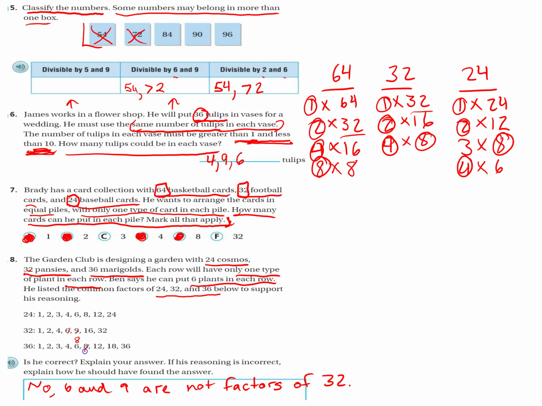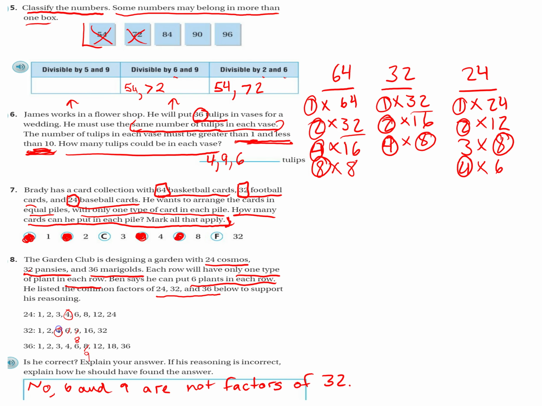No, that should not be a factor of 36. 6 times 6 will work. 12 times 3 will work. 4 times 9 should be here. And then the 6 times the 6. So let's see. Well, it looks like the common factor is it 4?